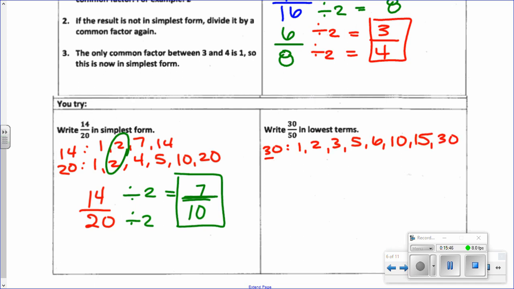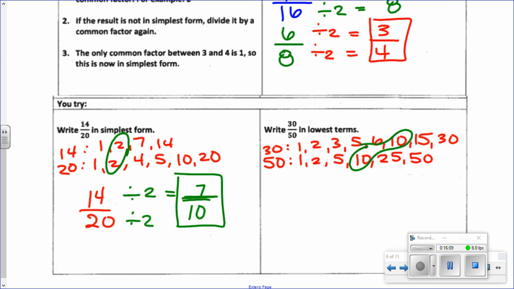And then 50 would be 1, 2, 5, 10, 25, and 50. Okay, so the greatest common factor here is 10.